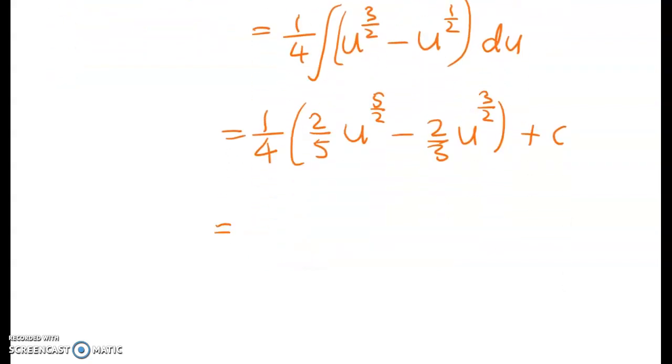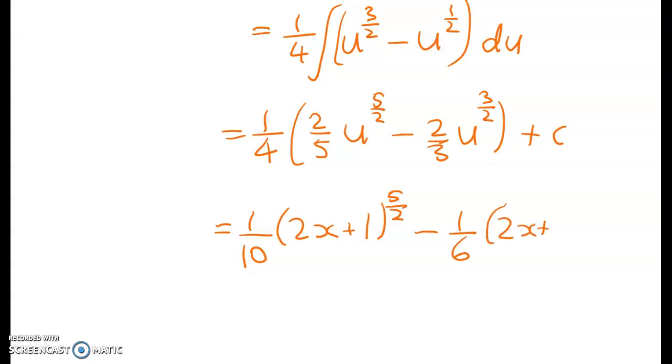So now we have to sub everything back in terms of x. So we get 1/10 of 2x plus 1, not 5, to the power of 5 over 2, minus 1/6 of 2x plus 1 to the power of 3 over 2 plus c.